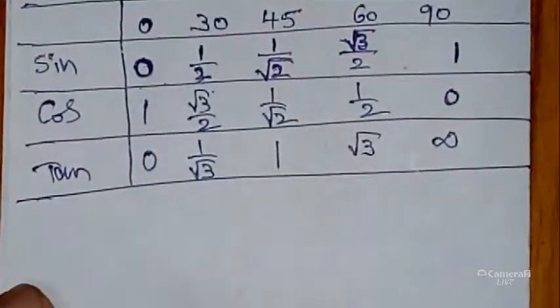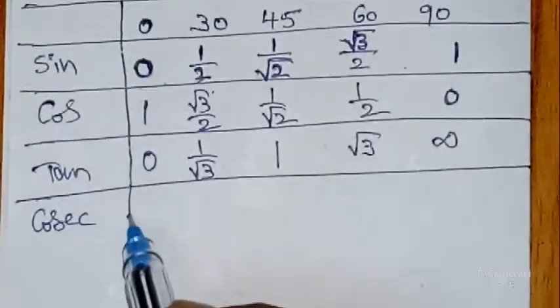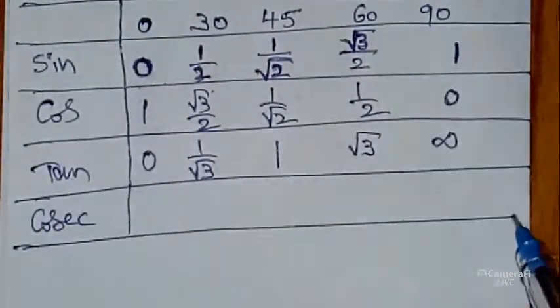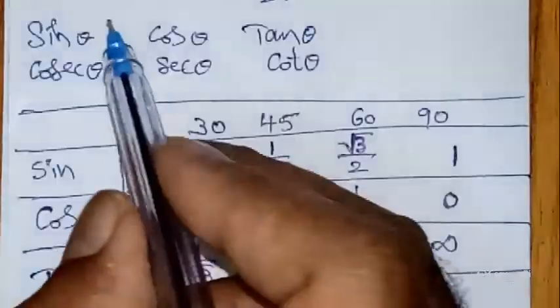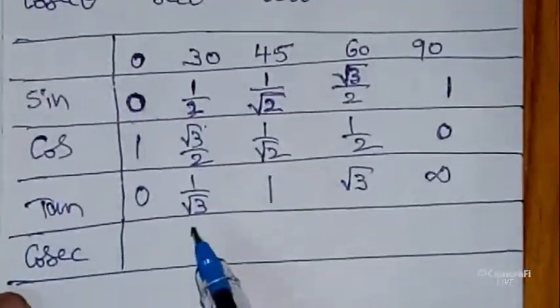Next, to get the cosecant value: cosecant means reciprocal of sine.